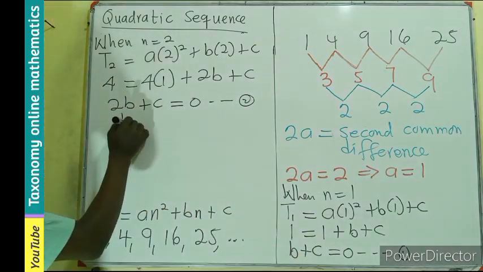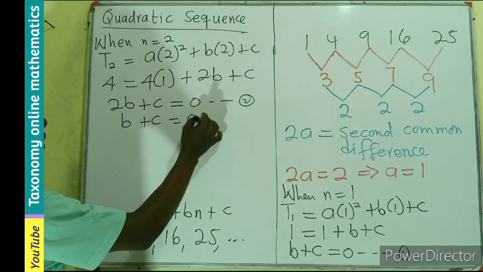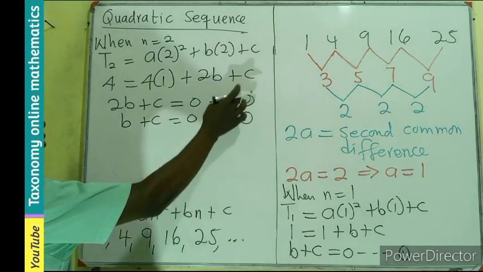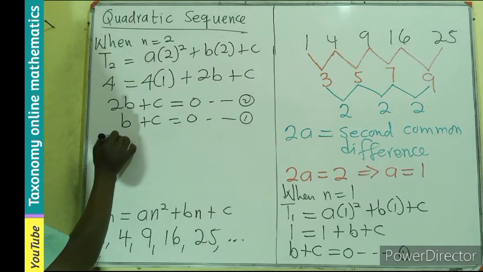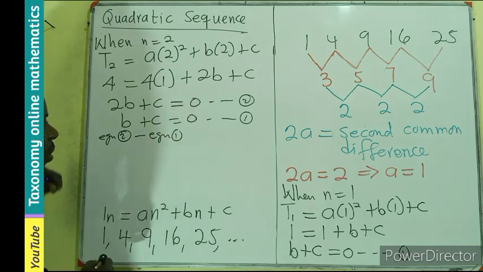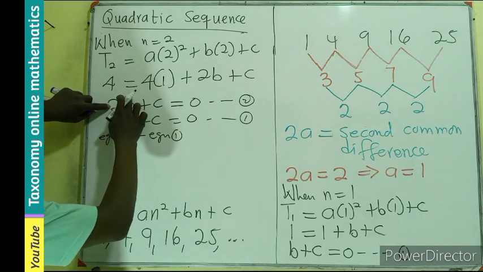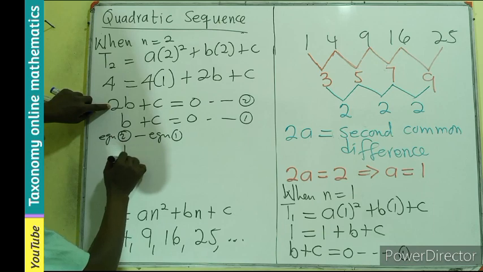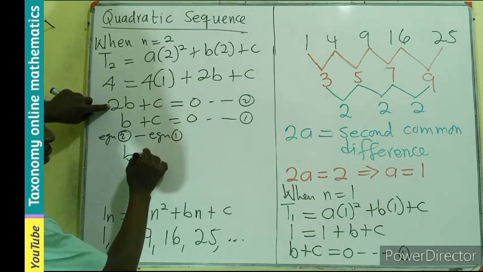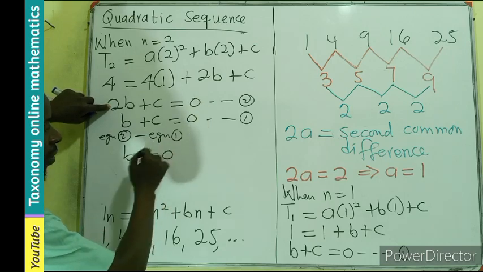Bringing in equation 1, solving the two equations simultaneously, we can subtract equation 1 from equation 2. So equation 2 minus equation 1, what happened? 2b minus b will give us only b. c minus c will be 0. So 0 minus 0 will be 0.